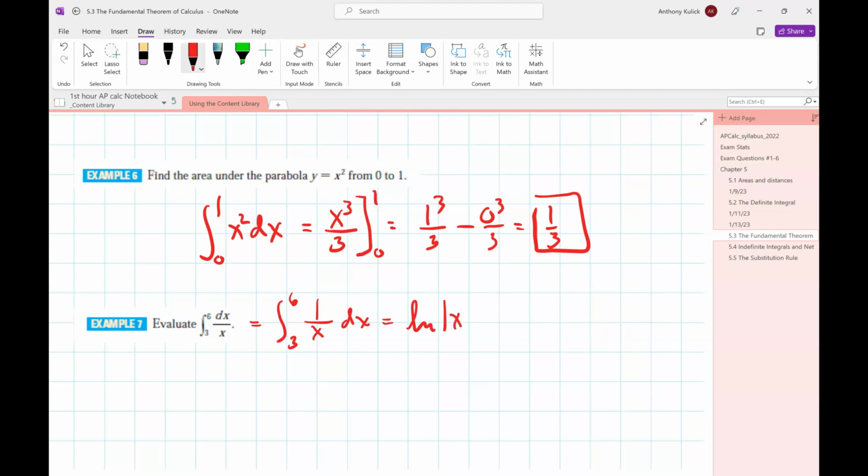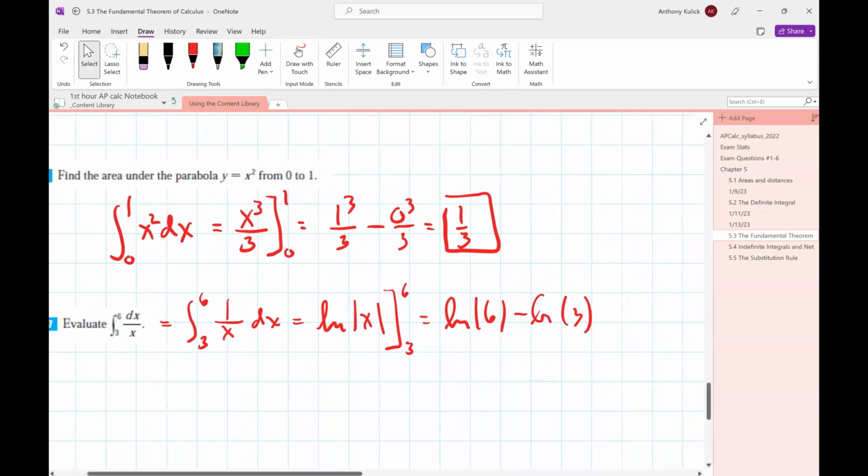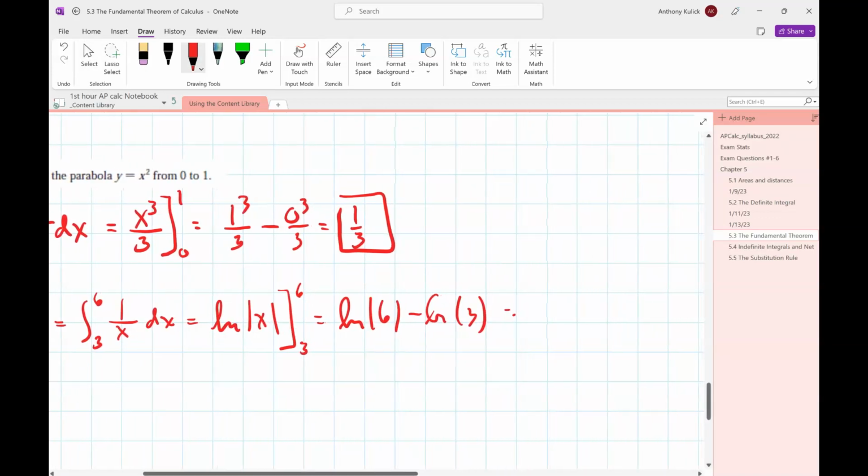But it's the natural log of the absolute value of x. That's the antiderivative. And then going from 3 to 6, we have natural log 6 minus natural log 3. Or if you wanted to, you could use your logarithm properties to rewrite this as the natural log of 6 divided by 3, so this just turns into ln 2.